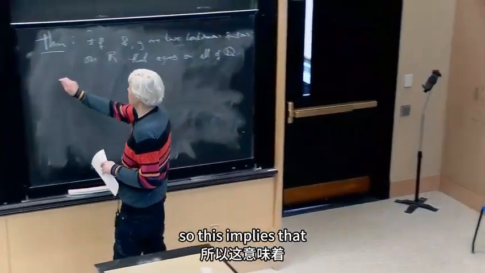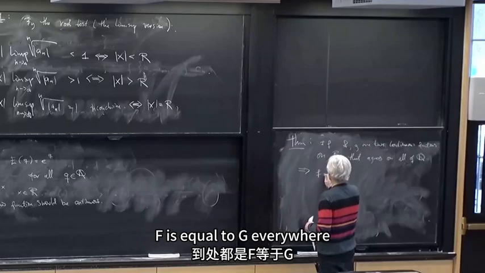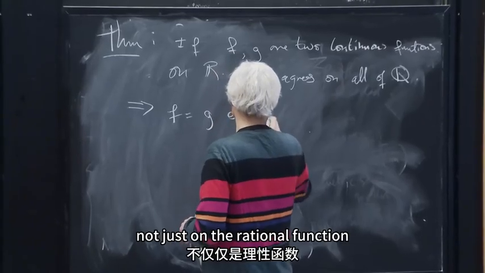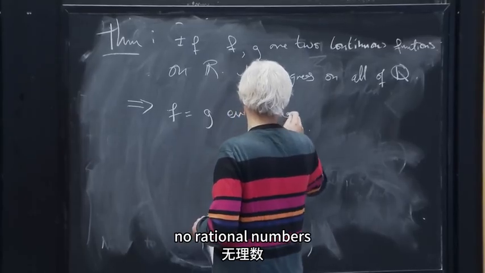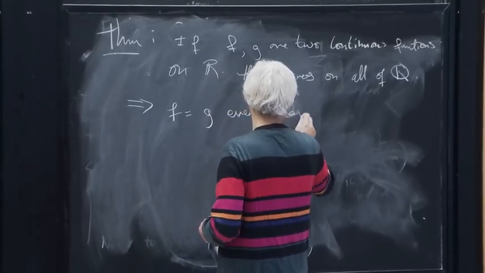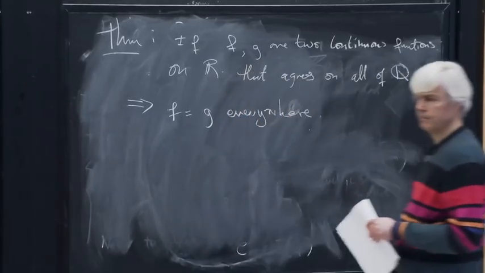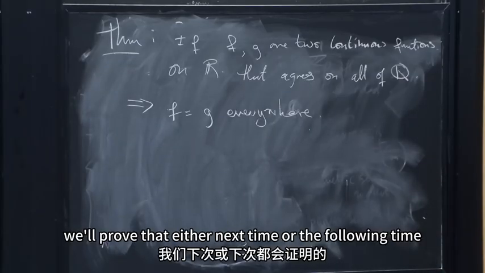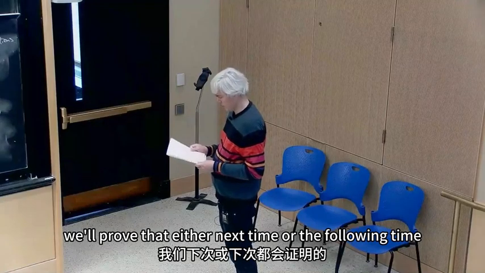This implies that f is equal to g everywhere, not just on the rational numbers. Fine. We'll prove that either next time or the following time.